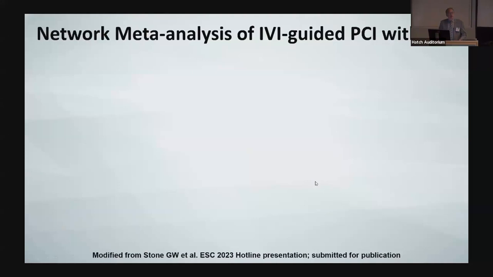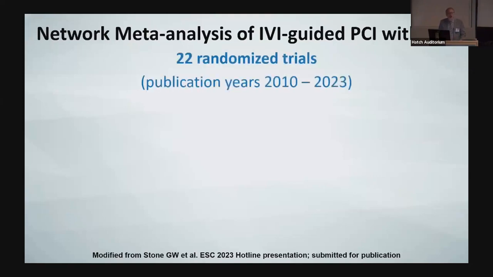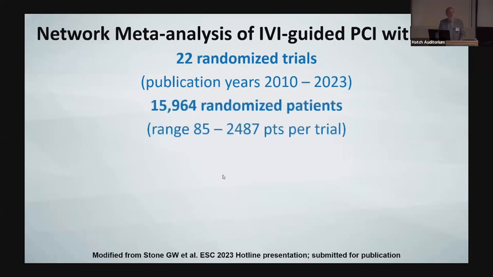As I mentioned, there were 5 new studies of intravascular imaging versus angiography guidance, or against multiple different techniques, presented at the ESC. And so we actually performed an updated, sophisticated network meta-analysis of all of these trials. There have now been 22 randomized trials of intravascular imaging guidance published between 2010 and 2023 in 15,964 patients, with trial sizes ranging from 85 to 2,487.